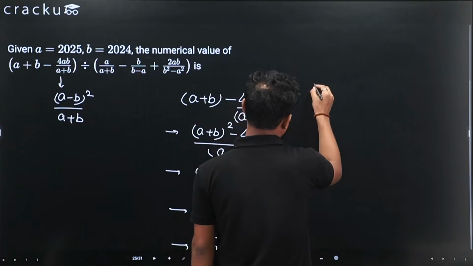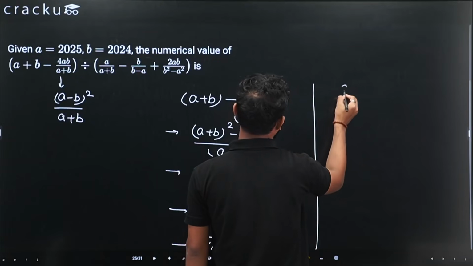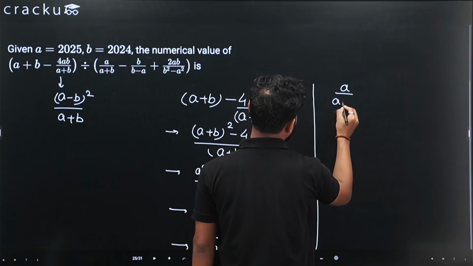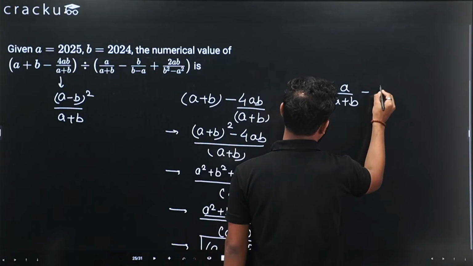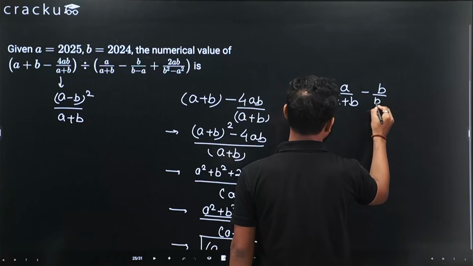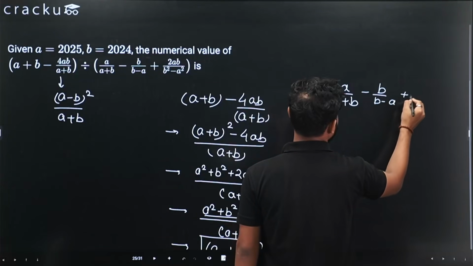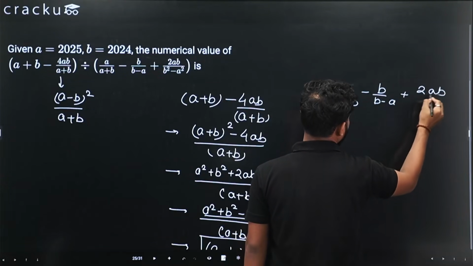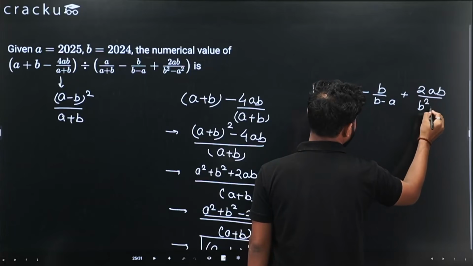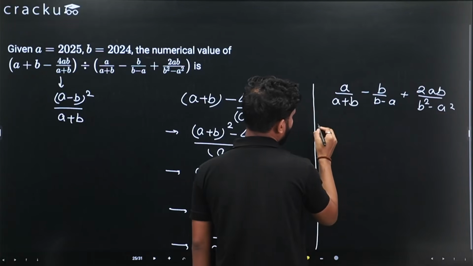It is A upon A plus B minus B upon B minus A plus 2AB upon B square minus A square. From here what I can write?